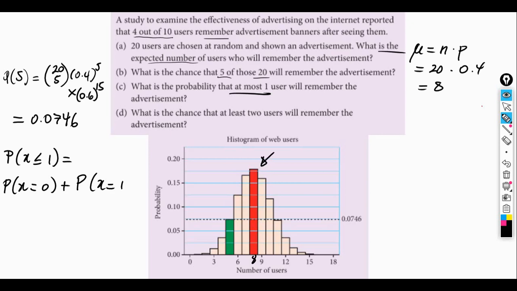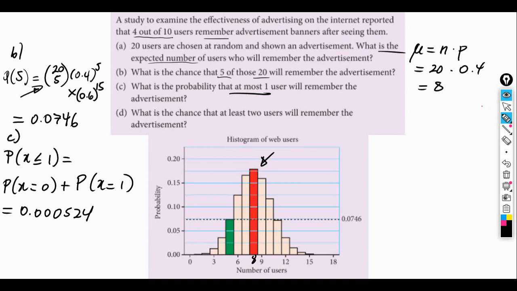So this is cumulative, right? So we can do this using this formula. I'll leave that to you. It should give you approximately 0.000524. Okay, so this would be part B, and this is part C.